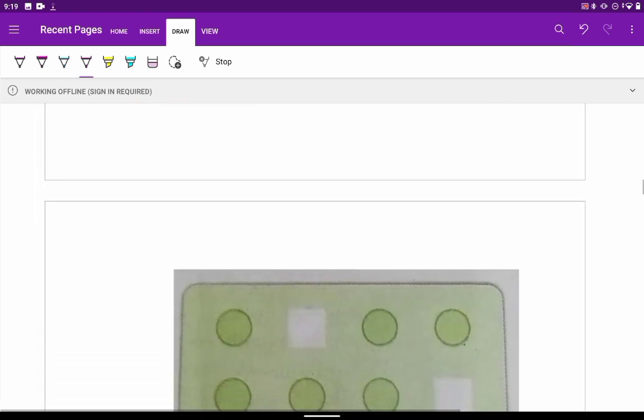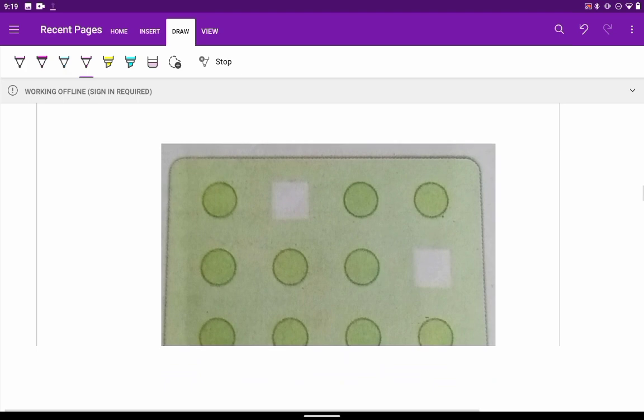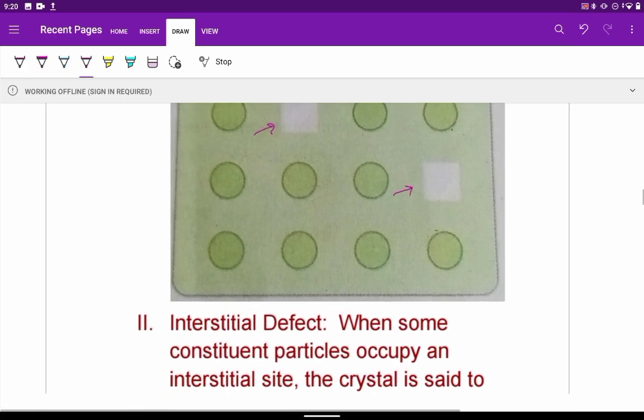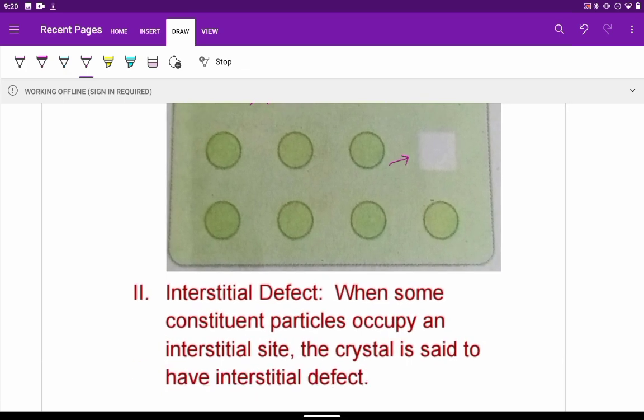Now see, in this figure you see, so there is a point defect in this solid. When an atom is missing from one of the lattice points, you see here, these are the vacancies. Next comes interstitial defect.